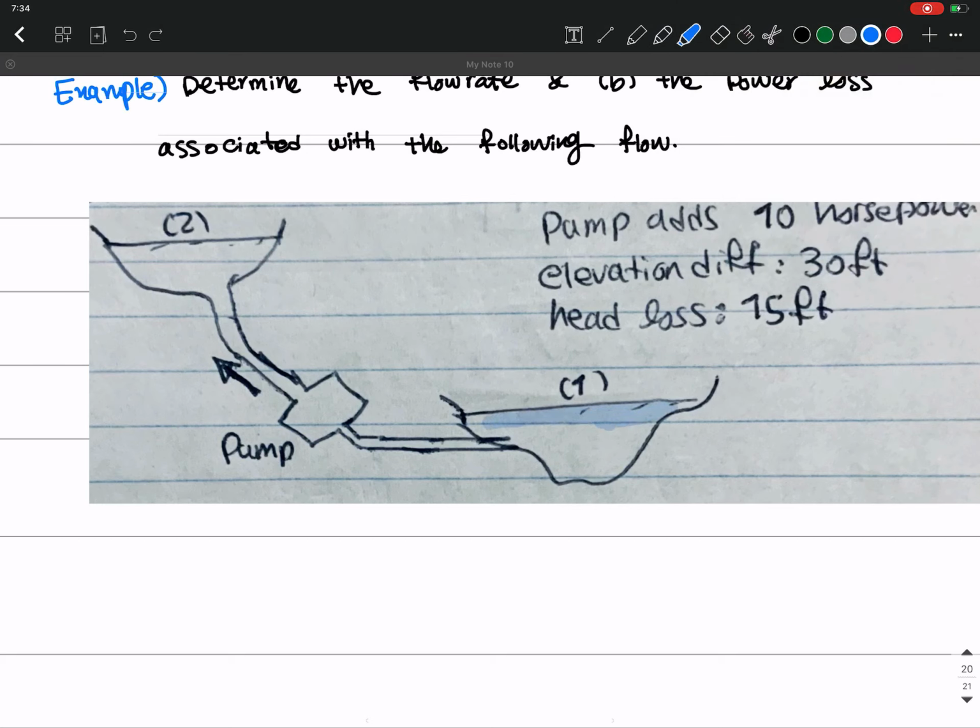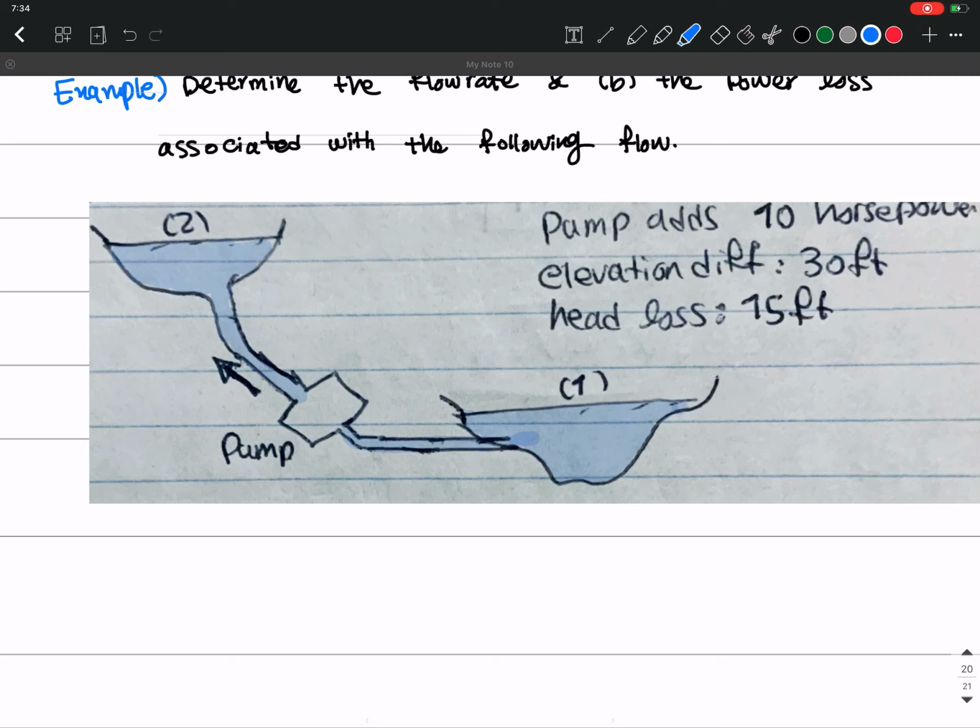We are pumping the water from reservoir 1 to reservoir 2, which is at a higher elevation. So what we want to determine is the flow rate and also the power loss associated with this flow.